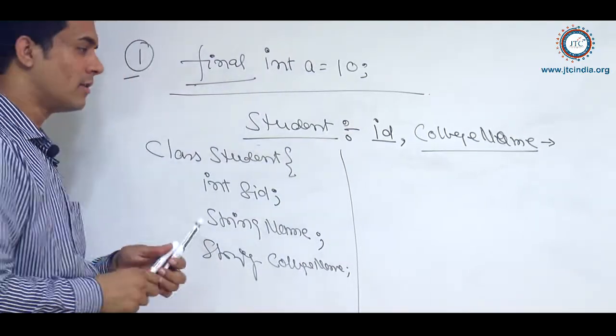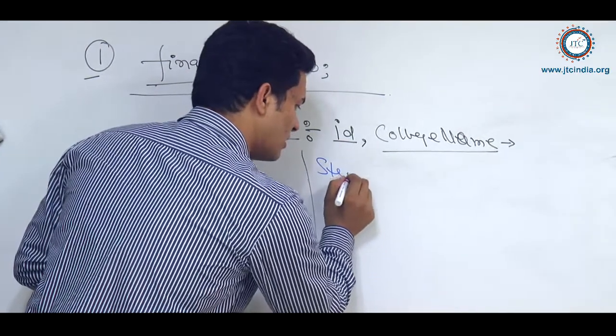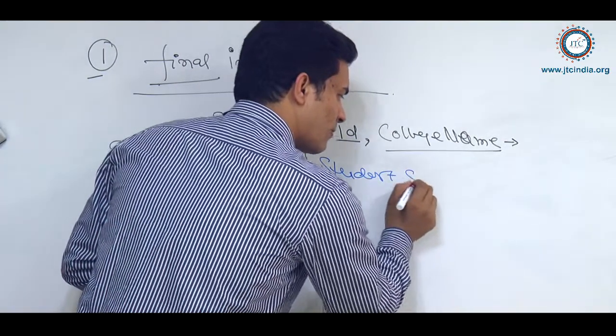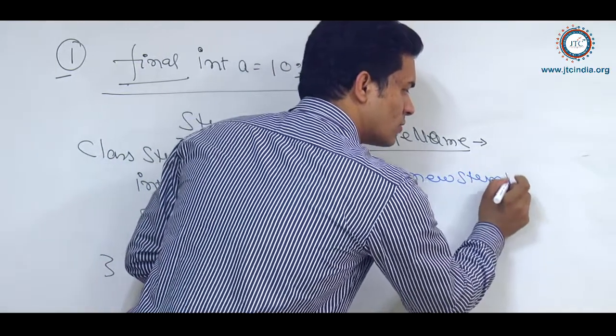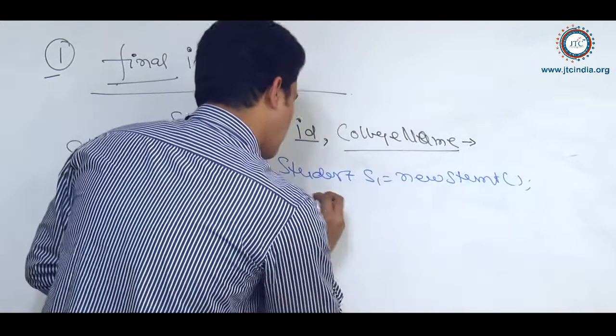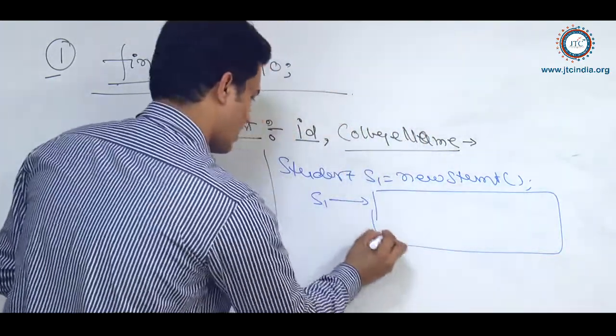Suppose for a student S1, I am creating an object, S1 is equal to new Student. For S1, what all memory processes will be done now?